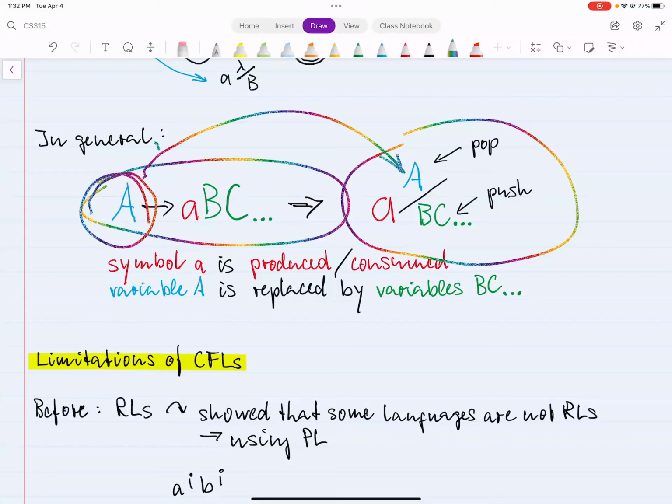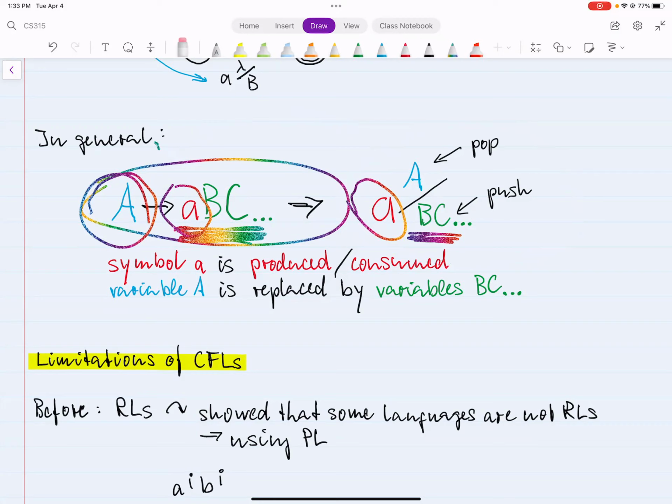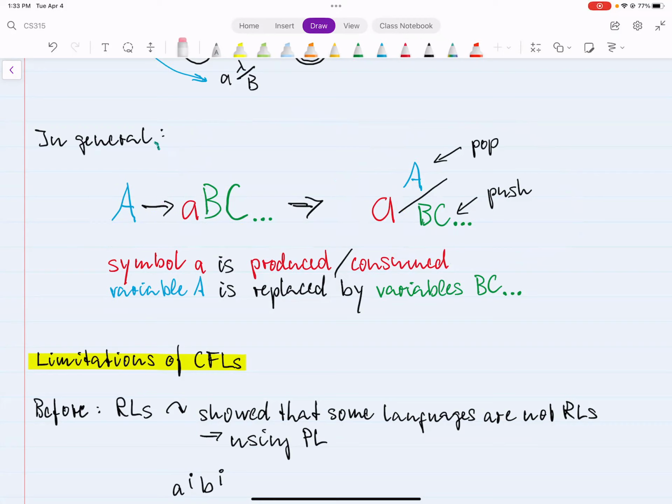And when we do that work, we create more work. We push those variables onto the stack. And at the same time, here we create a symbol, but on the machine side, we eat away that symbol. Okay? So there you have it. That's the direct equivalence of these two sides. Okay? And pretty straightforward to figure out why that is.